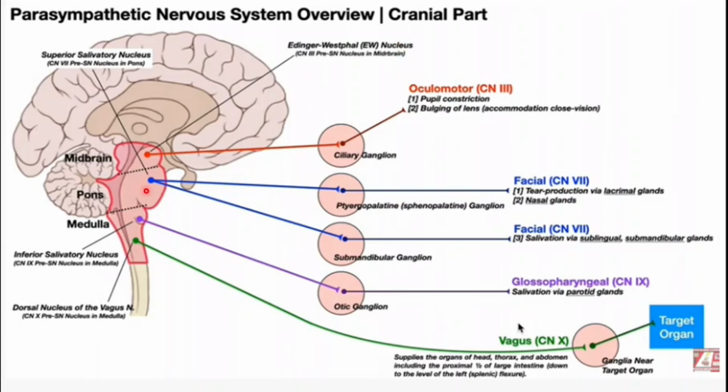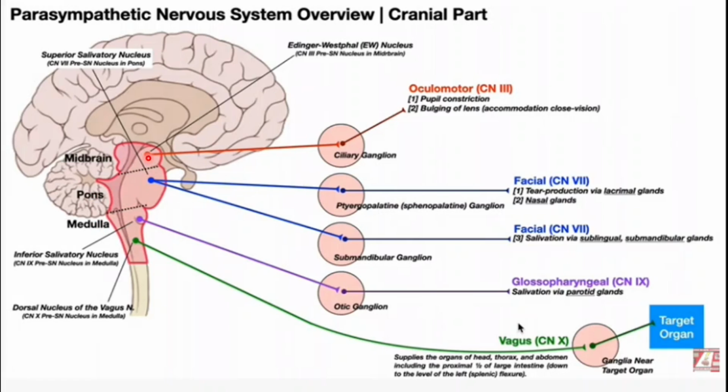So in the brain stem of the brain, four cranial nerve nucleus are activated by the parasympathetic division, and you know that the brain stem is made by the midbrain, the pons, and the medulla.